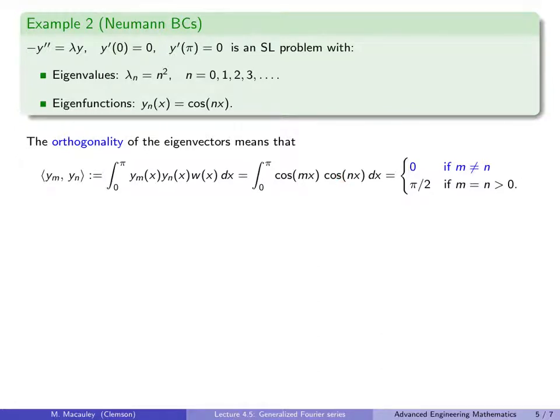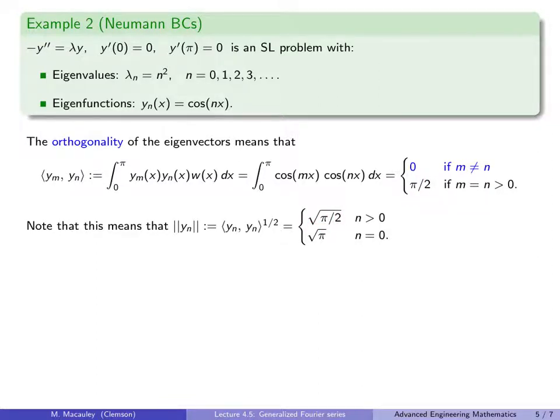It's slightly different if one of these is equal to 0, in other words, if the eigenfunction is the constant function 1. And I could put that in cases, but I'm not going to worry about that because I just want to give a summary now. So once again, this means that the norm of yn, which is the square root of yn dot yn, is, well, if n is positive, the square root of pi over 2.